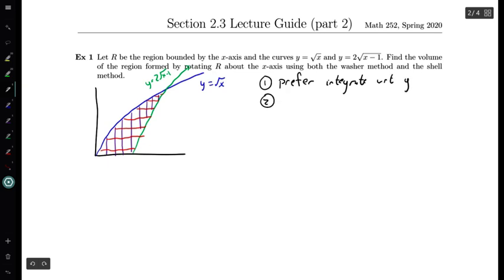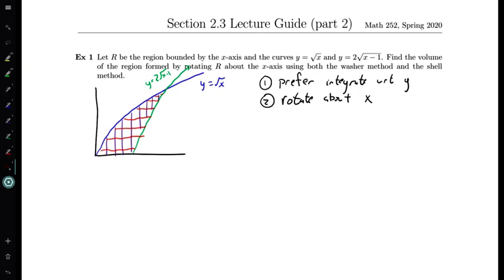The second question we want to answer is which axis am I rotating about? I'm rotating about the x-axis here. I notice that the preferred variable of integration is y, and the rotation axis is x.